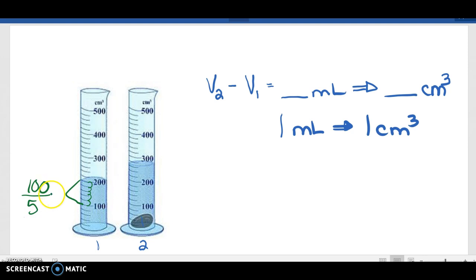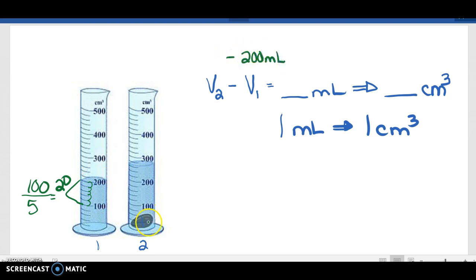So 100 divided by 5 is 20. So the scale is 20 milliliters. Every distance from line to line is 20. So our initial water level, luckily enough, is right at 200 milliliters.